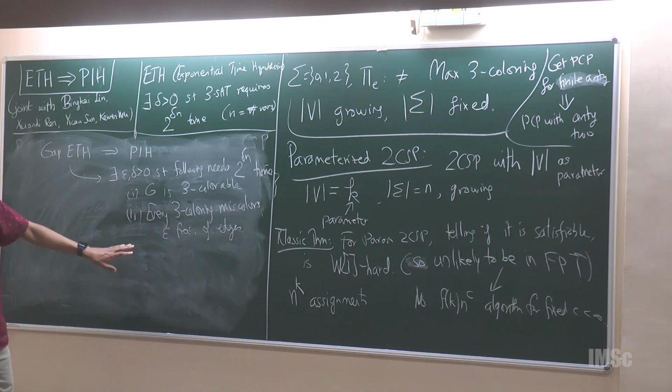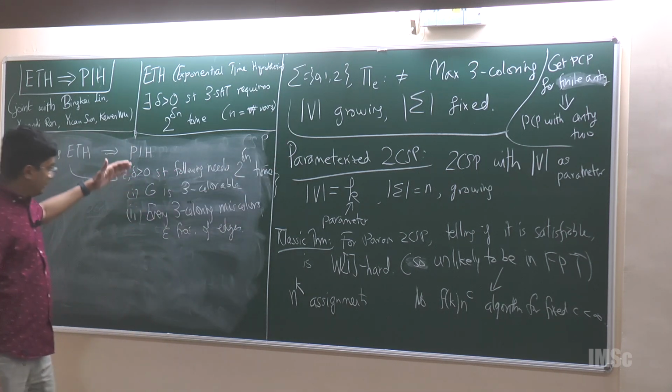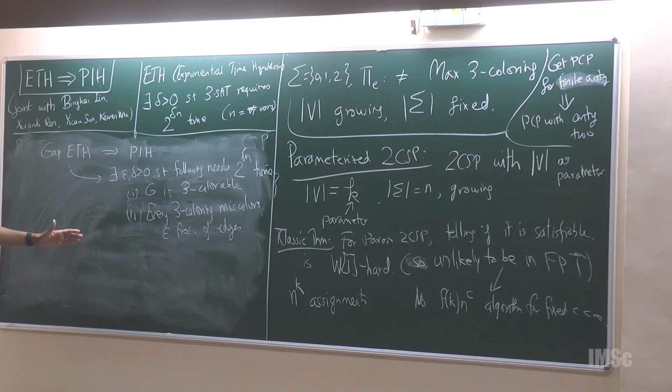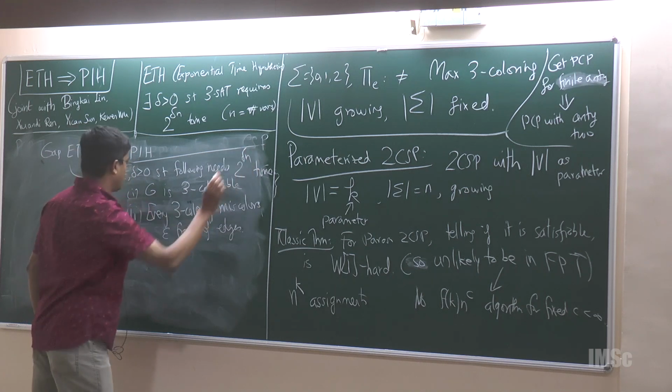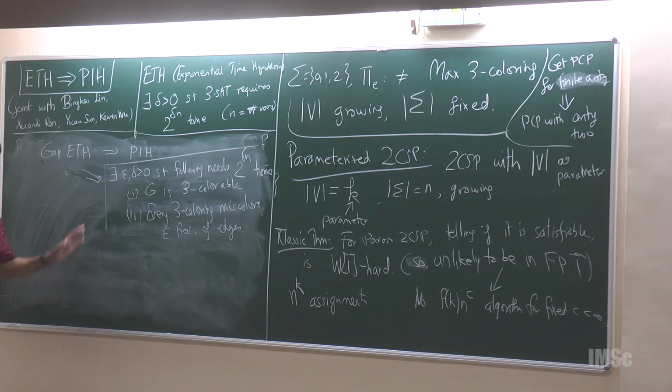Okay, so this is basically, the PCP theorem tells us that this is NP hard, but this is some souped up assumption. We say that this actually requires exponential time. So if we have this, and the gap ETH implies, you can even say this as the statement of gap ETH if you wish. Okay, take it as a definition.